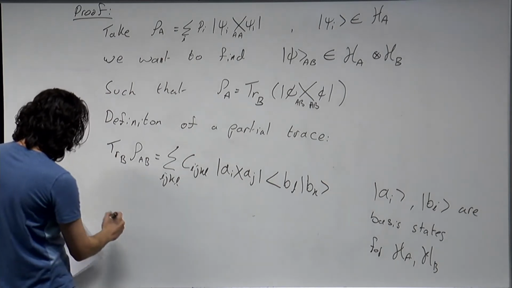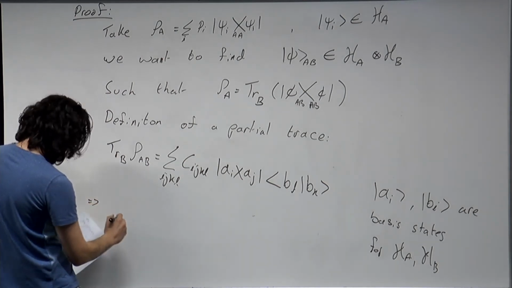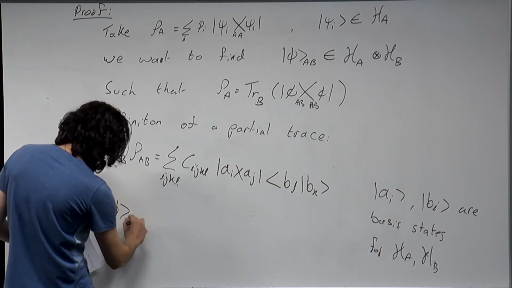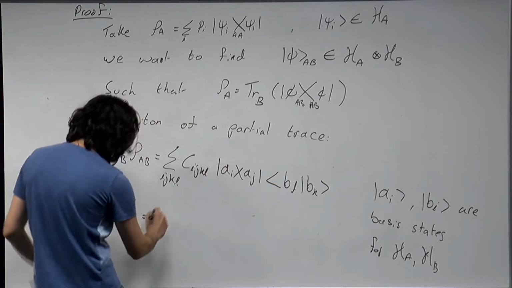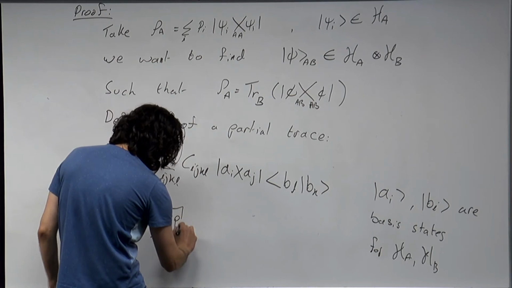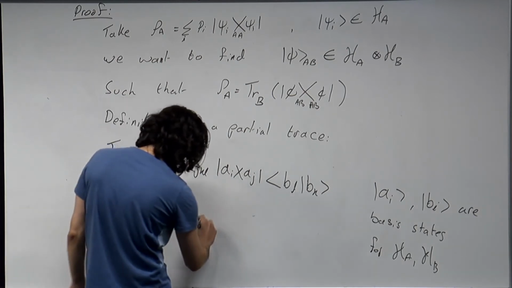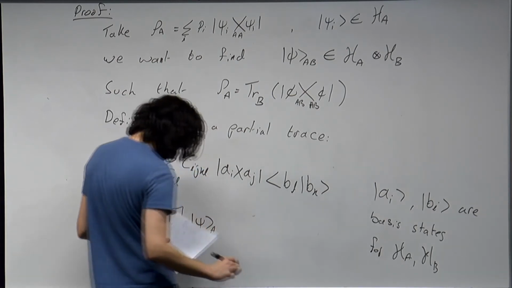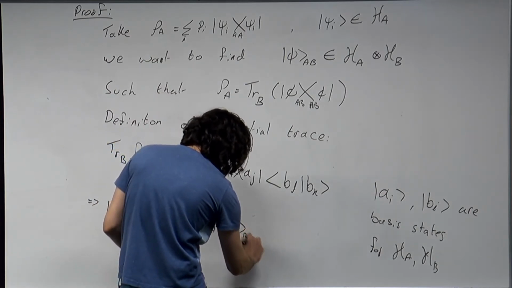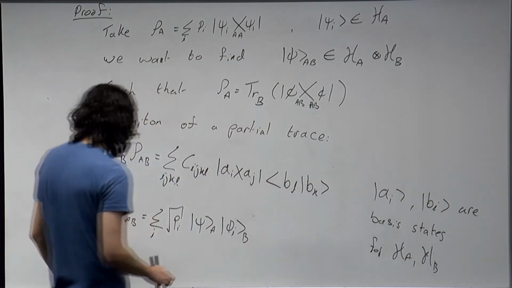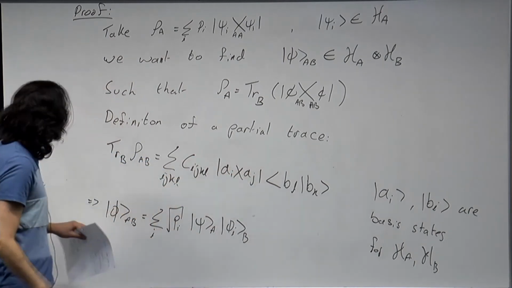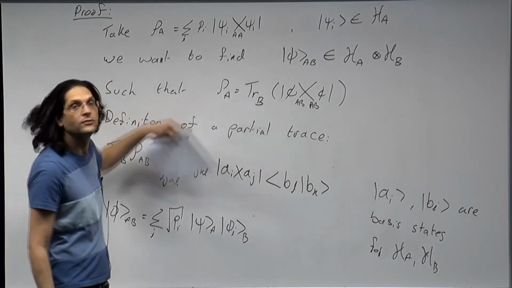If we define |phi_AB⟩ to be the sum over i of the square root of p_i, |psi_i⟩ of A, |phi_i⟩ of B, and you plug it into this equation, then you just get this.